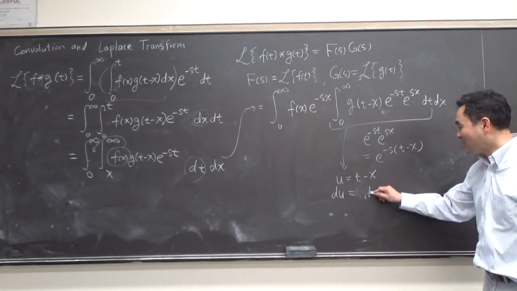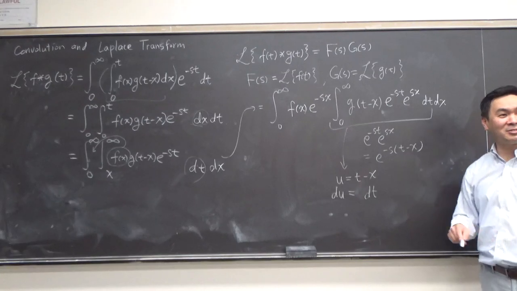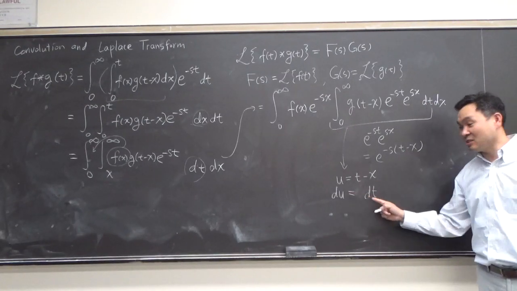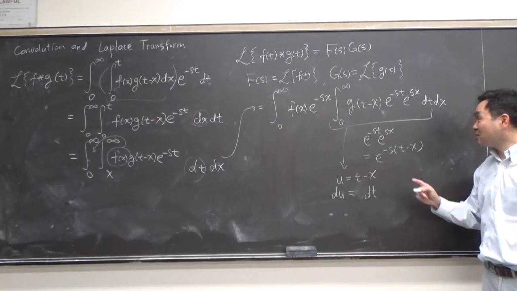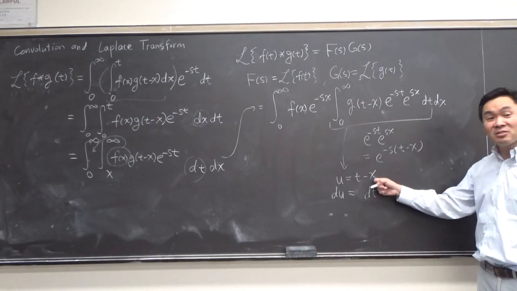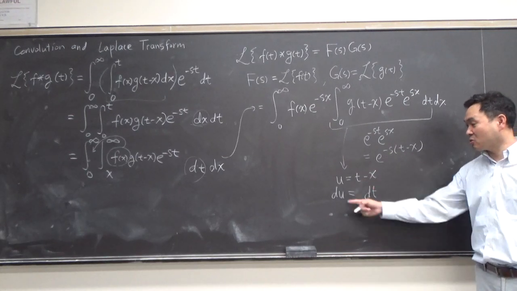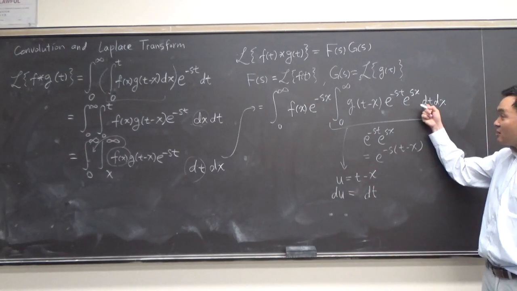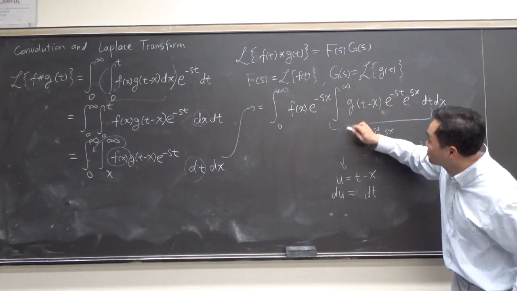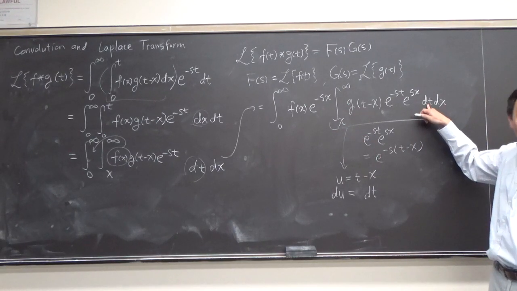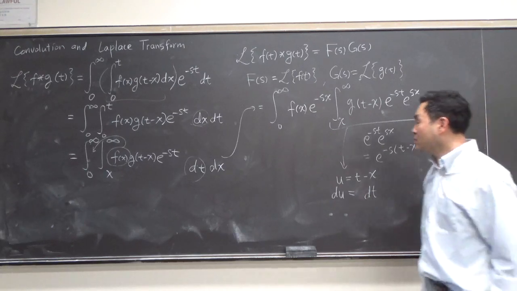I was going to yell at somebody if they said dx. So du is dt, not dx. The variable is t. x is a fixed constant here. So dt can just be changed to du, because they are the same thing.